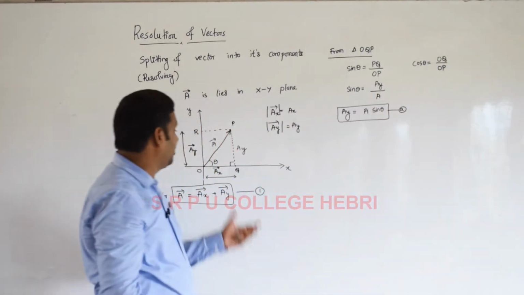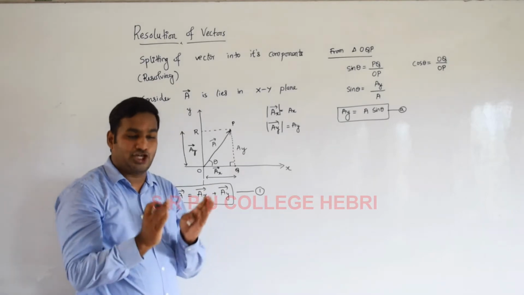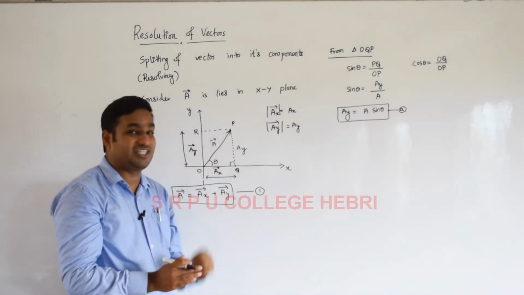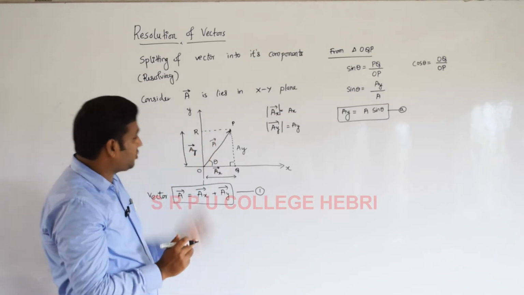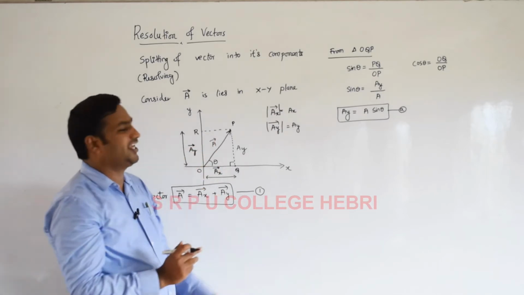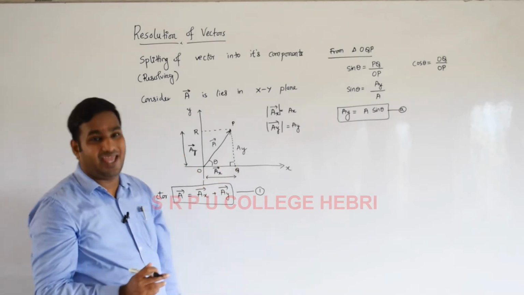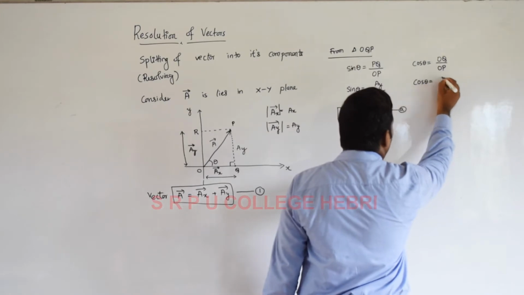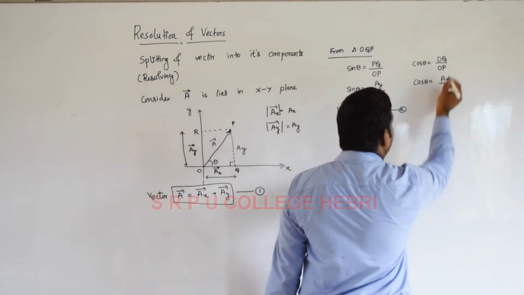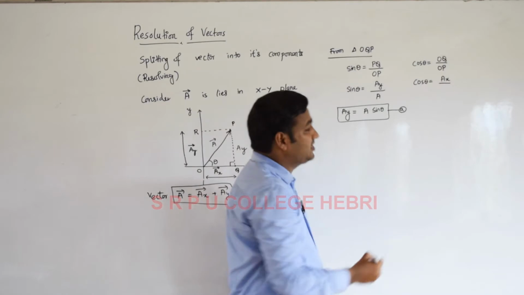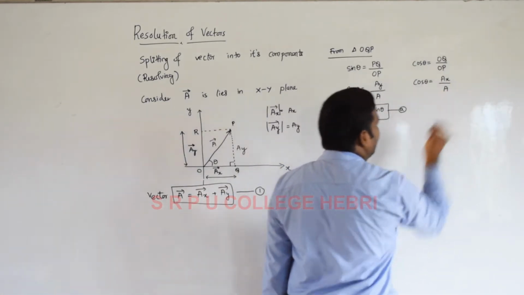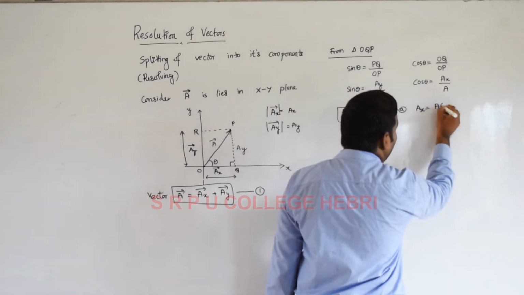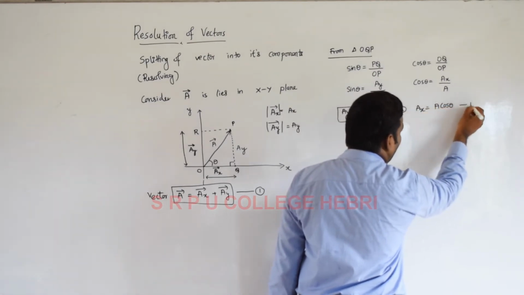Dear student, here OQ is the projection or component of vector A along which axis? X axis. The projection made by vector A along X axis is OQ, which is equal to AX. Here cos theta is equal to AX divided by OP, which is nothing but A vector, so we take it as A. Here AX is equal to A cos theta.